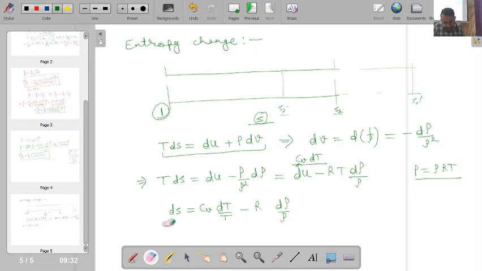Now let me integrate this equation. I will take the starting point as 1, but the ending point I am keeping as a generic open point. Because R is constant, Cv is also constant for a calorically perfect gas.